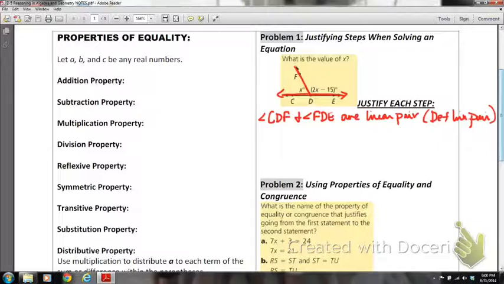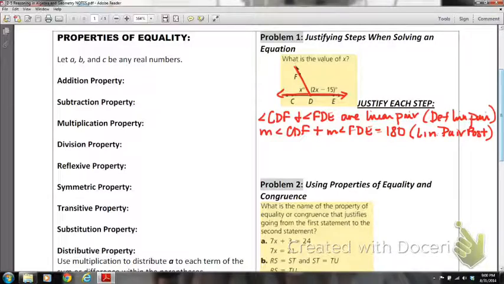So we're going to say that the measure of angle CDF plus the measure of angle FDE is equal to 180. And the reason I can make that statement is because of the linear pair postulate that we learned in Unit 1.